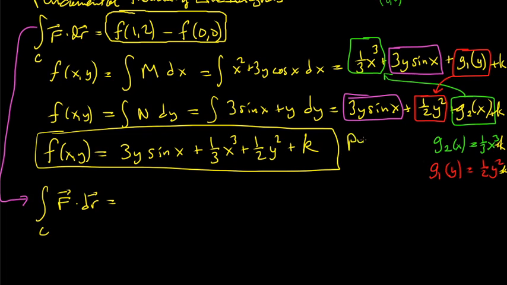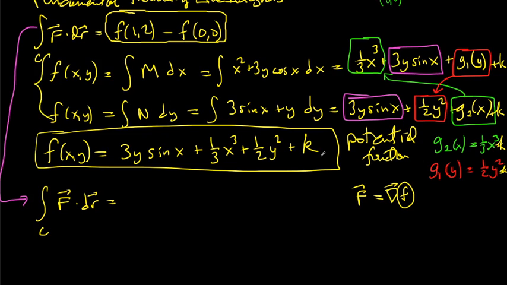We think of the potential function as a kind of antiderivative. Here the derivative is the gradient, right, to give us the vector field. So to undo the gradient to find f is to essentially integrate. All right, so f of (1, 2) minus f of (0, 0).